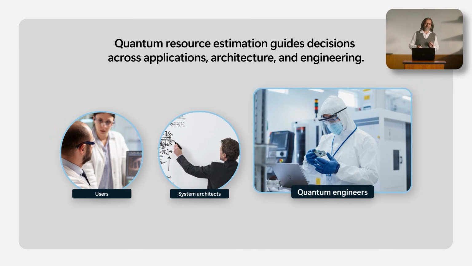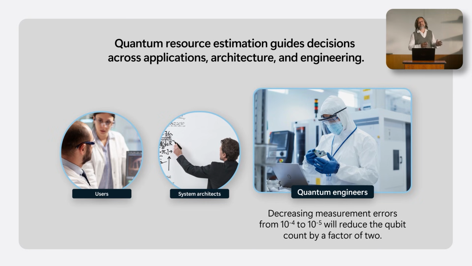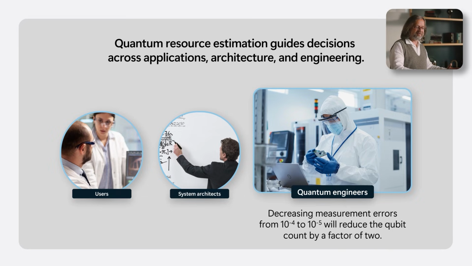And the quantum engineer could explore the trade-off between qubit speed, fidelity, and cost, and learned that making the qubits 10 times better lets him reduce the qubit count by a factor 2. And he can now look at whether he wants to invest the engineering resource into making the qubits better, or whether he rather wants to invest the resources into building more qubits.